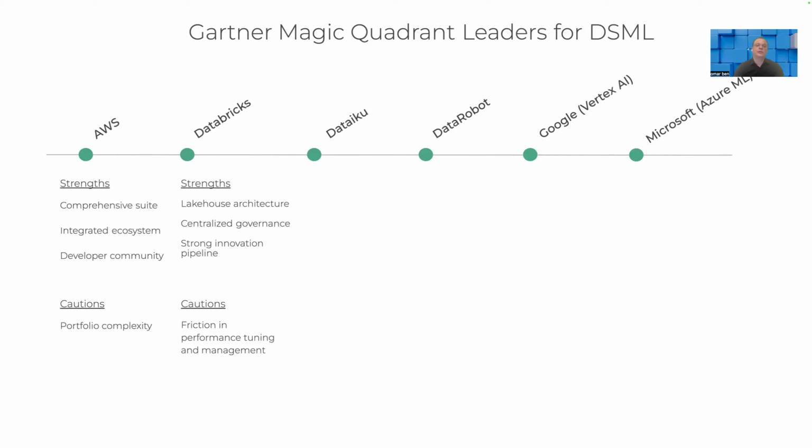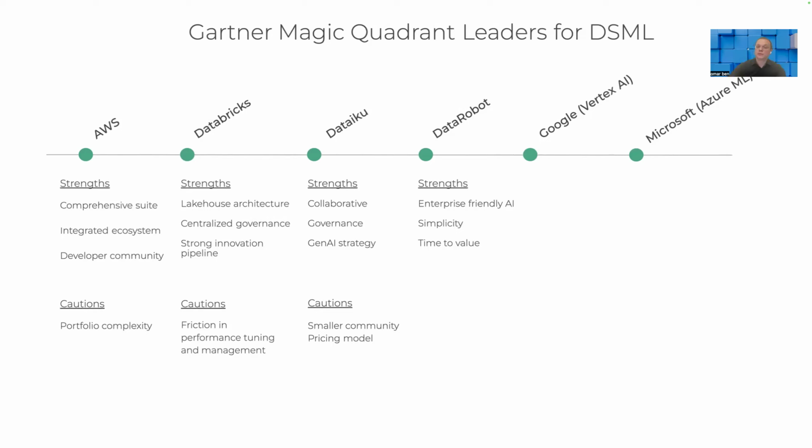But there is some friction reported by customers when it comes to performance tuning and management that you have to be cautious about. Dataiku, the strengths here: this is a collaborative platform with strong governance and a very clear GenAI strategy, but it has a smaller community and a pretty confusing pricing model.